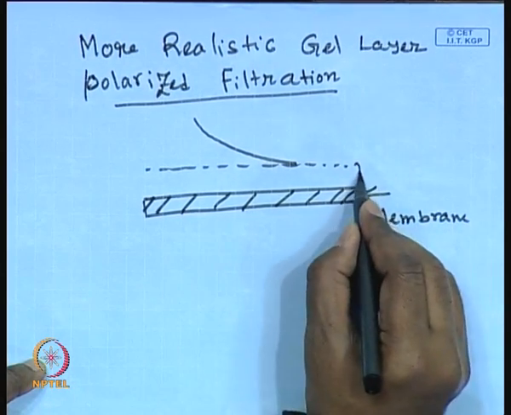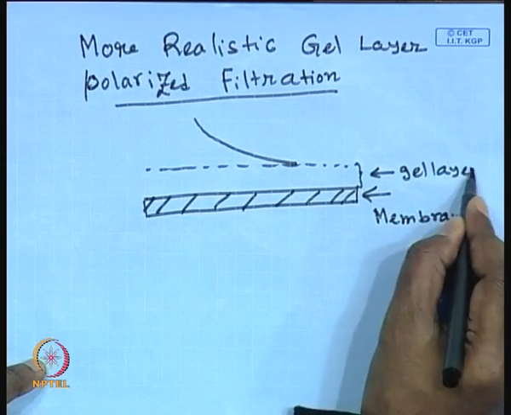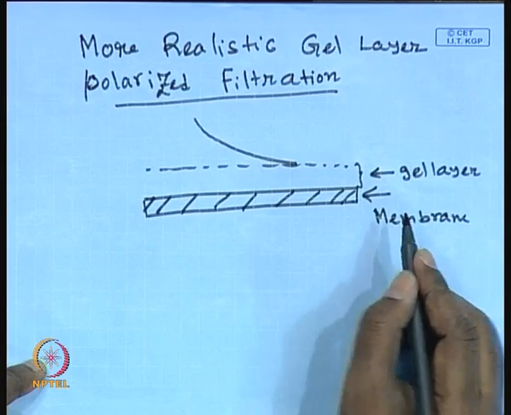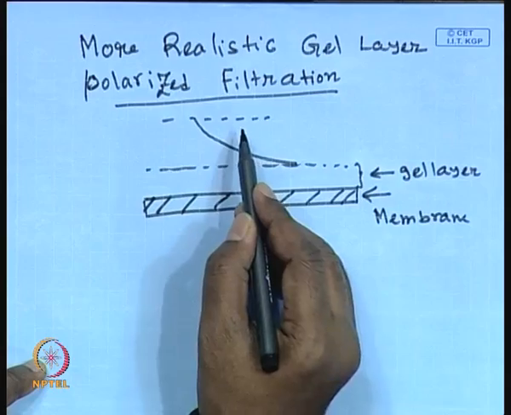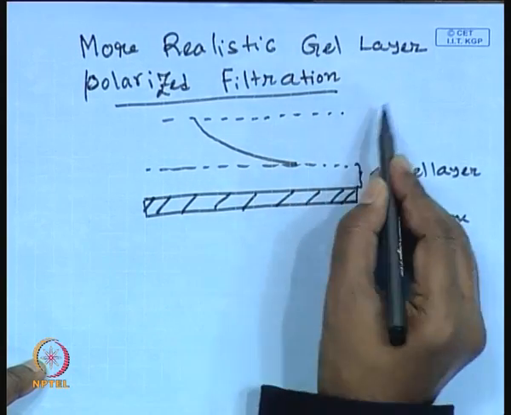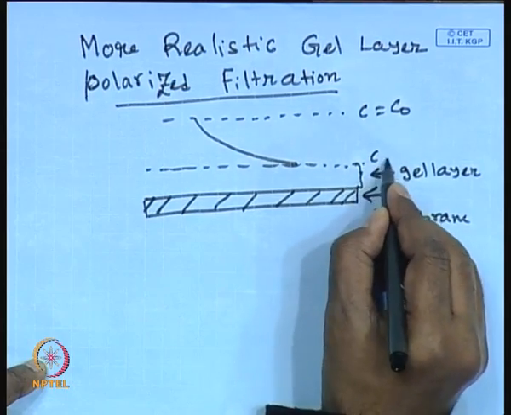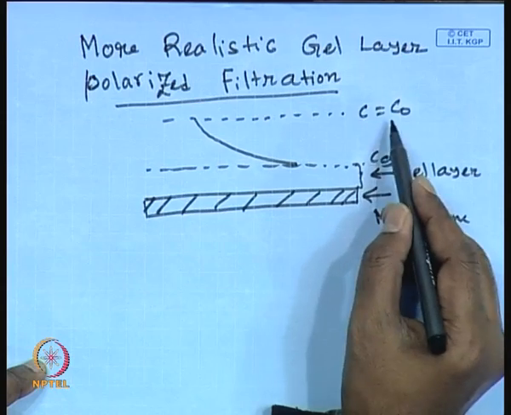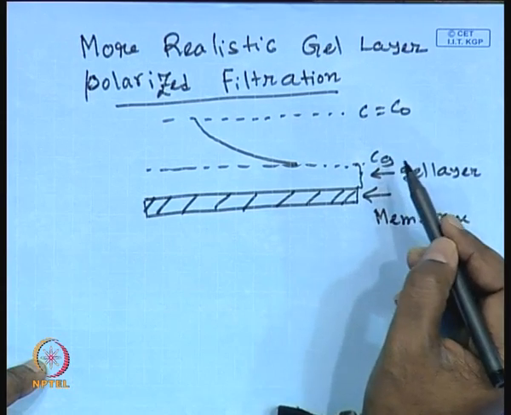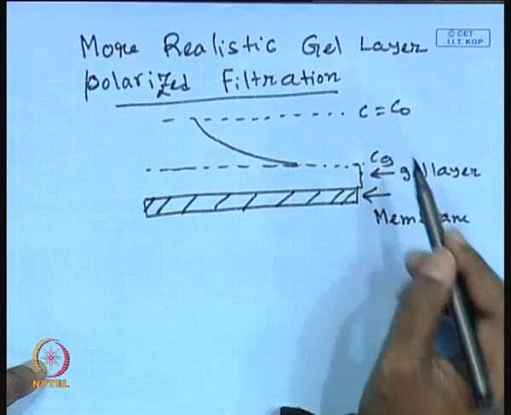This is a membrane, and this is nothing but the gel layer that is growing over the membrane surface, and beyond the gel layer there is the concentration boundary layer. And how is this concentration boundary layer formed? Because C is equal to C naught here, C is equal to C gel here. So this C gel is basically at least 5 to 6 times, or sometimes in some cases 50 times, the bulk concentration.